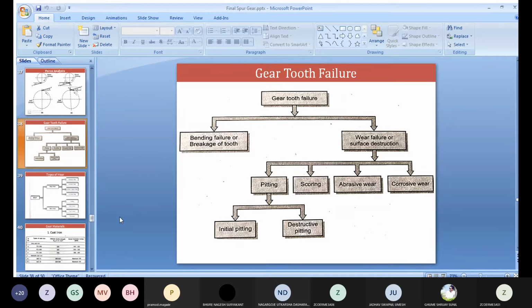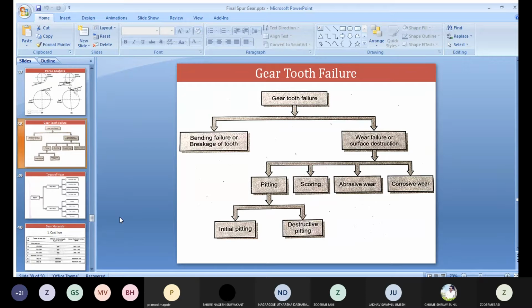Okay. So below that, next point in initial pitting: due to this, errors will occur on the tooth profile.